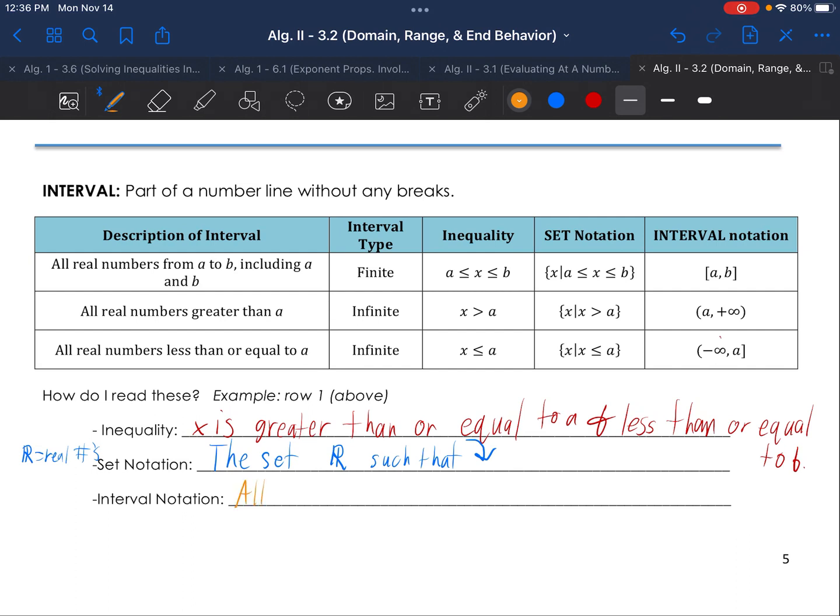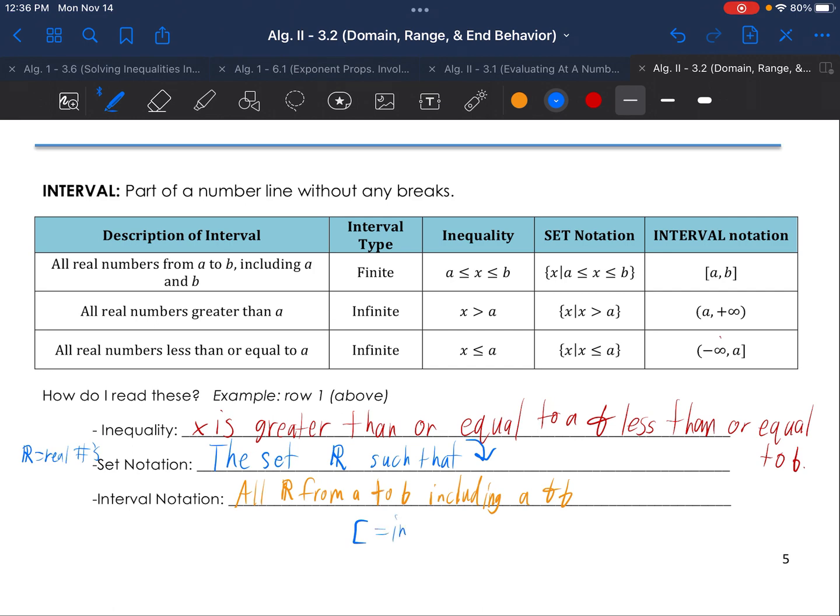And interval notation is going to be all real numbers from a to b. And then you would either say including or not including, depending on what the case is. In this one, it is including a and b.